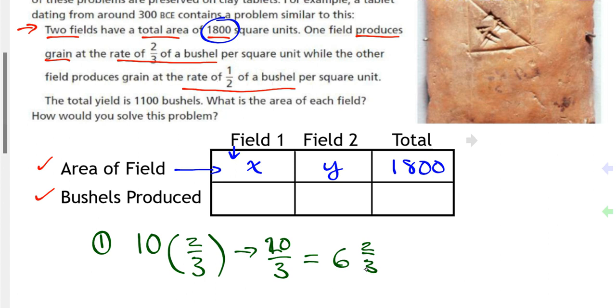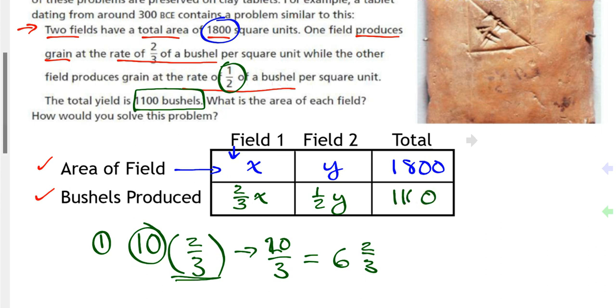So what did we do? We took the area of the field and multiplied it by how many bushels per unit area. It's helpful sometimes to think through with numbers, because then when we come to the variables, we recognize, oh, I'm just going to take 2/3 times the area of this field. And for field 2, it's 1/2 a bushel per square unit, so it'll be 1/2 times y. And then we have the total yield, which is 1,100 bushels.